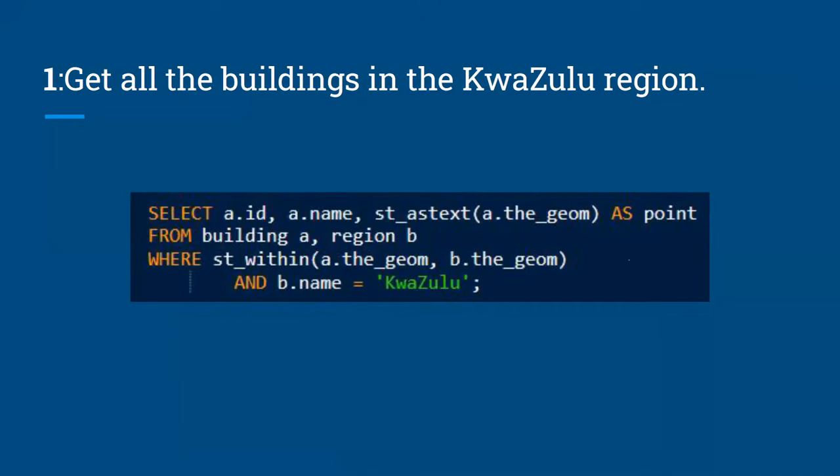The ID corresponds to the ID of the building, the name is the name of the building, and the geometry is the geometry of the building, all of which is named as point. Where the geometry of that building is within the geometry of the region, and that region would be Quad-Sula, as required.